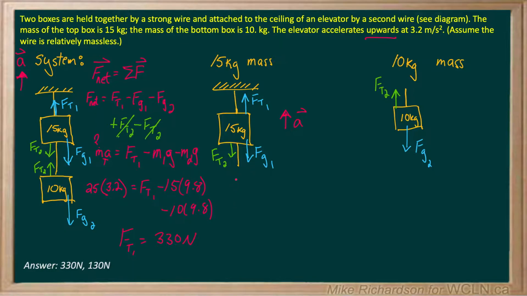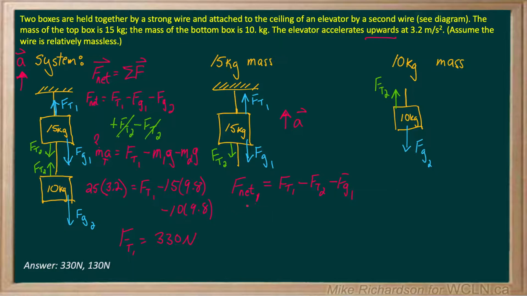So my equation of motion will look like this. F net for mass 1, the 15 kilogram mass, is Ft1, positive contribution, it's going in the direction of the acceleration, minus Ft2 minus Fg1.